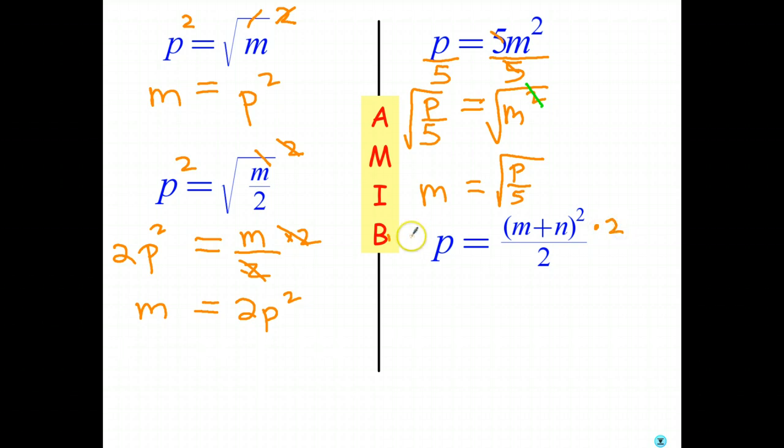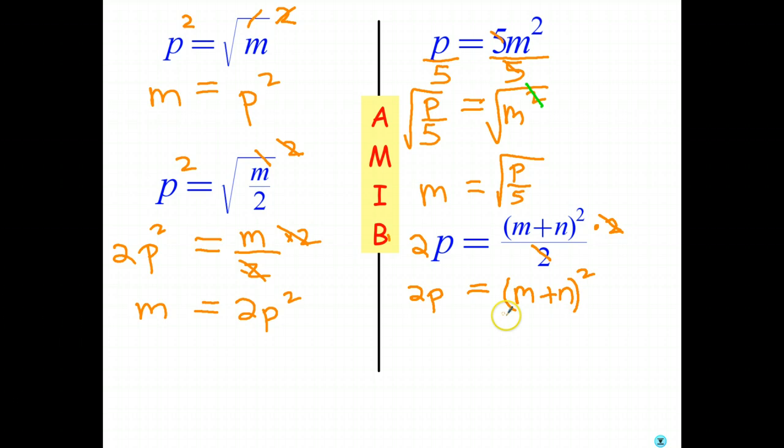And here I can just write the 2 in front of the p. The 2 divides out the 2, which leaves me with m plus n all squared, and on this side, 2p. Now once again, I can't do anything inside the brackets until I get rid of the brackets.